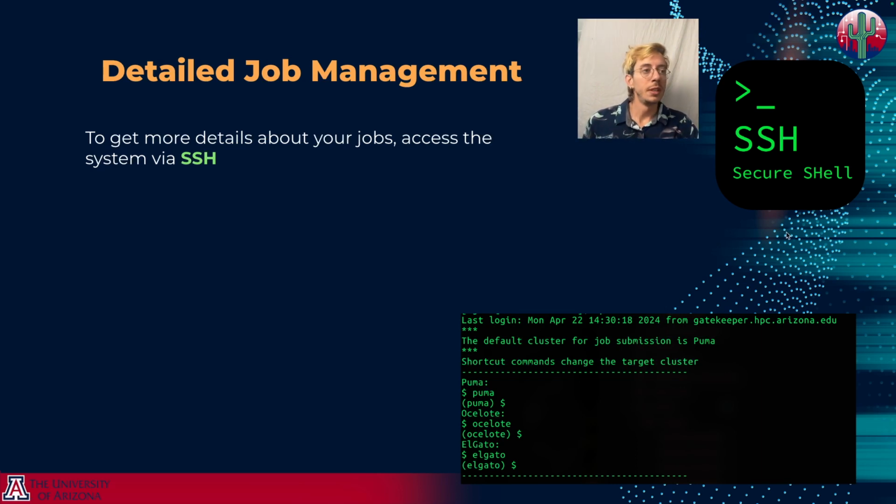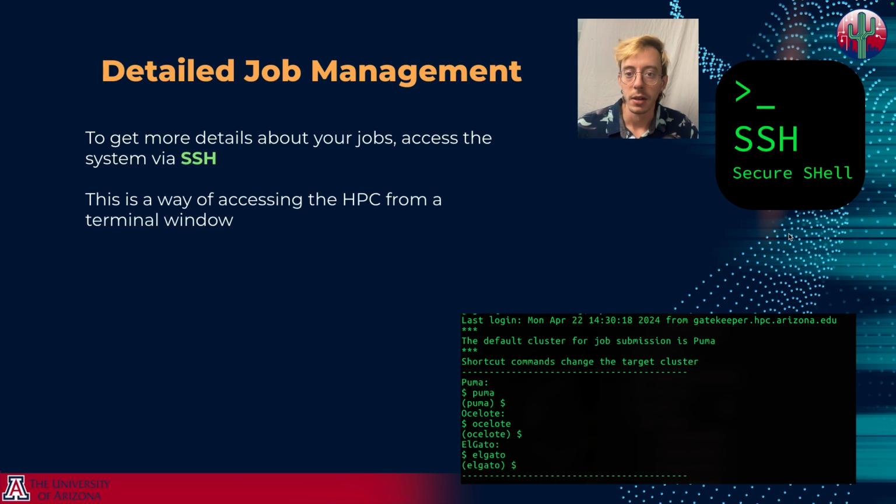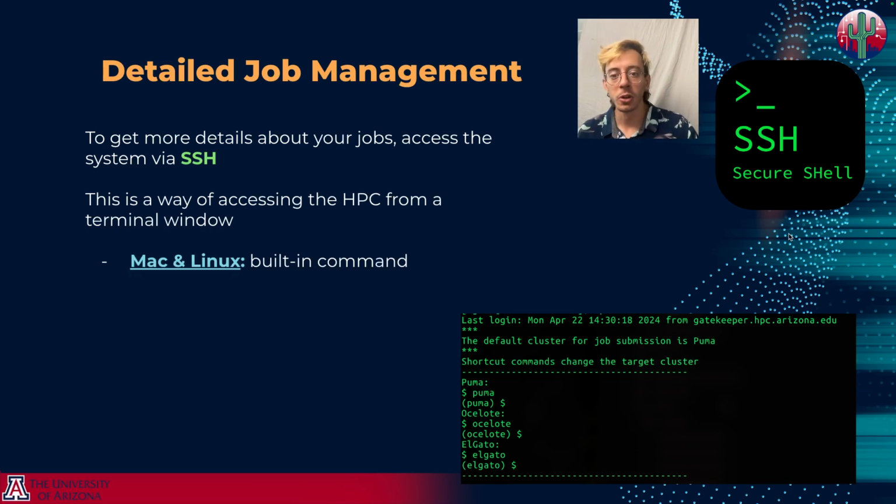So we will need to log in to do that. So this is a way of accessing the HPC from a terminal window. If you're on Mac or Linux, this is a built-in command. You can pop open a terminal and type in SSH, your username at hpc.arizona.edu, and type in your password, and you'll be set to go.